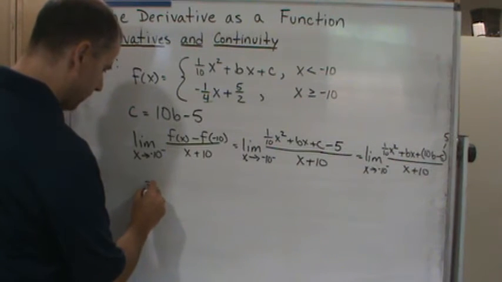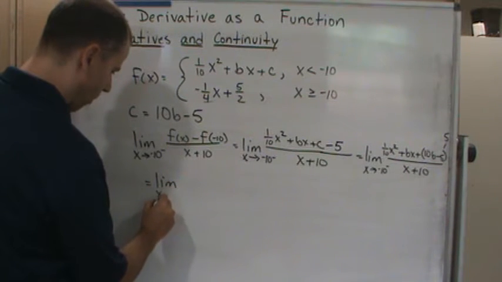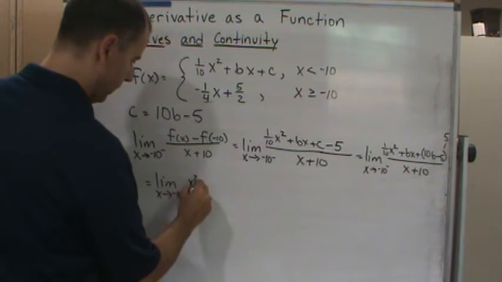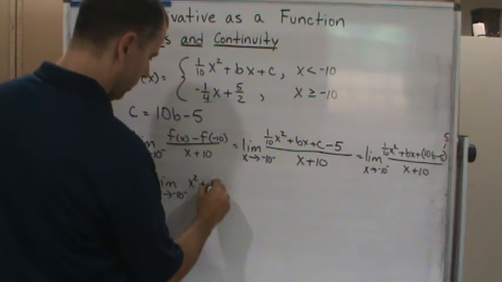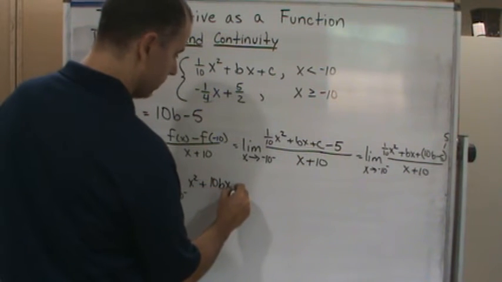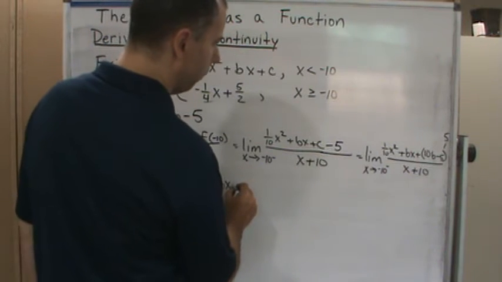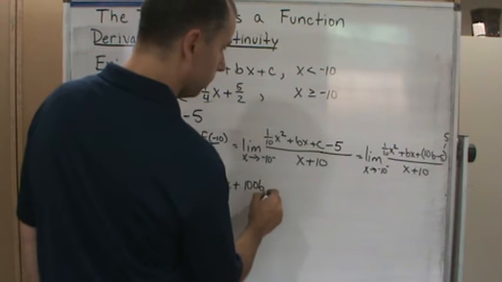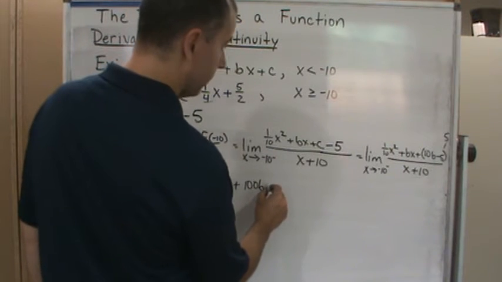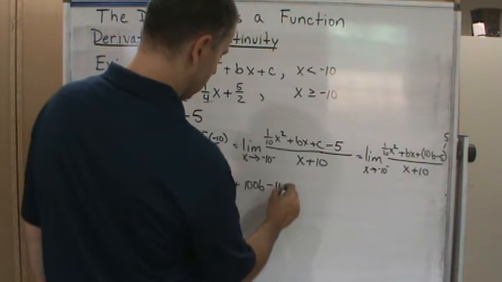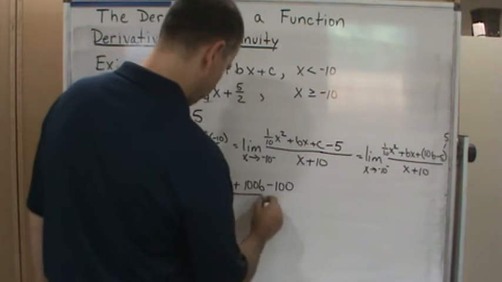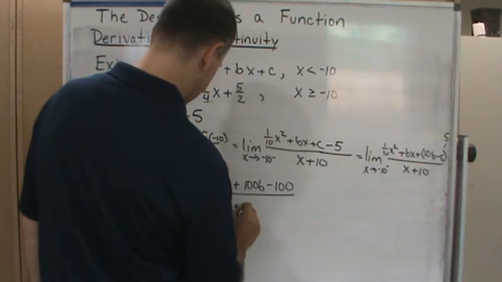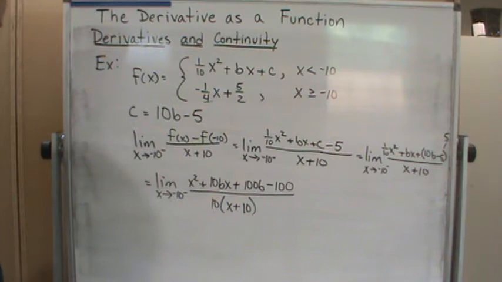So if we multiply the top and the bottom by 10, then our limit becomes x squared plus 10bx plus 100b minus 100 over 10 times x plus 10.